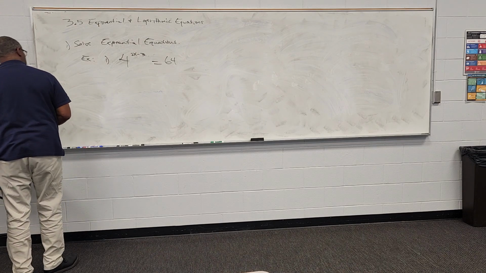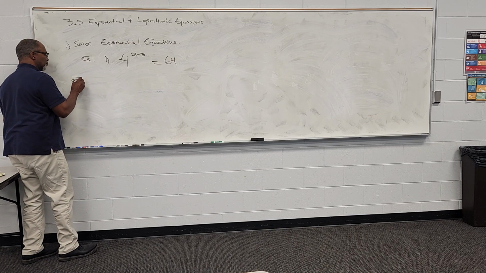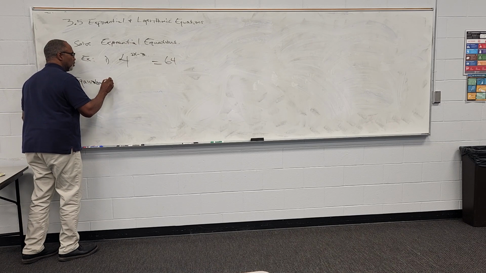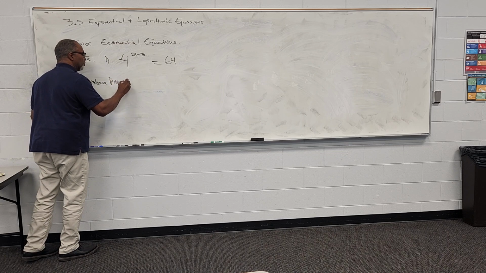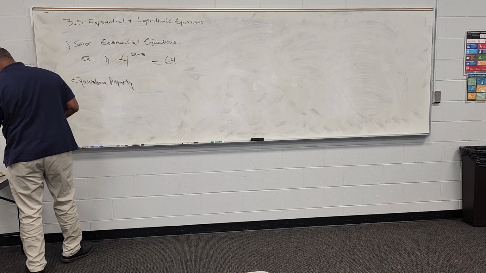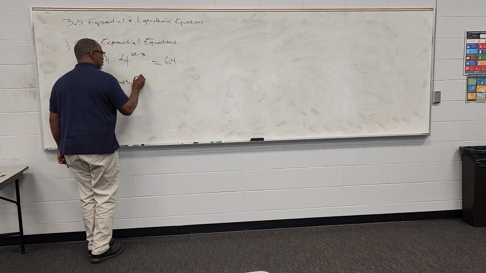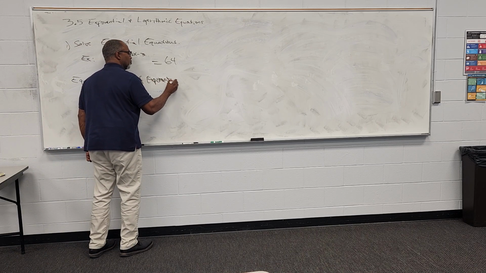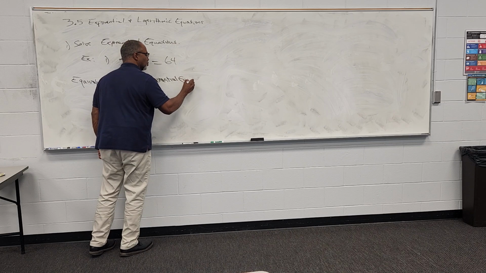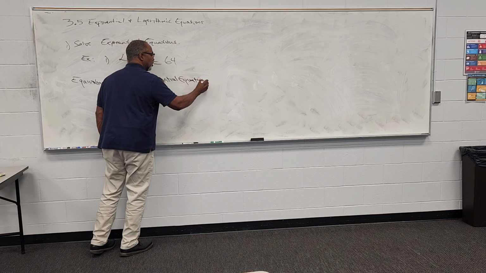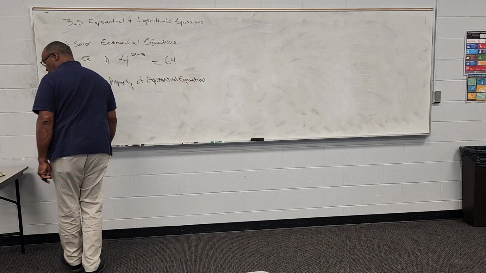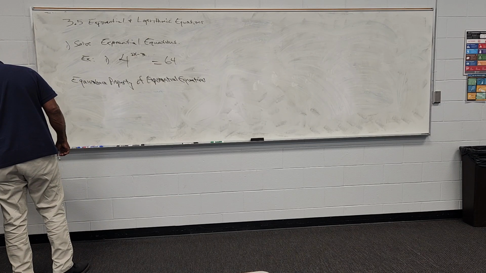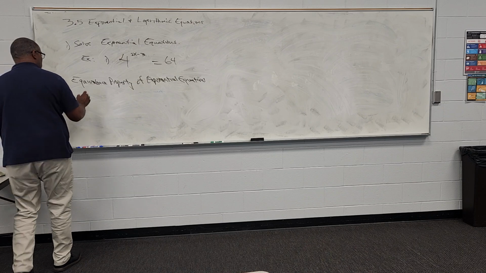Well, the first thing we're going to use is called the equivalence property of exponential equations. I'm not going to write down all the preconditions, make sure you read it. It says that b, x, and y are real numbers with b greater than 0, b not equal to 1.